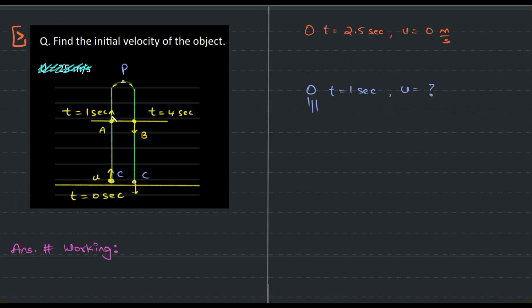Well, the entire time of journey from A to P and back to B is 4 minus 1, 3 seconds.